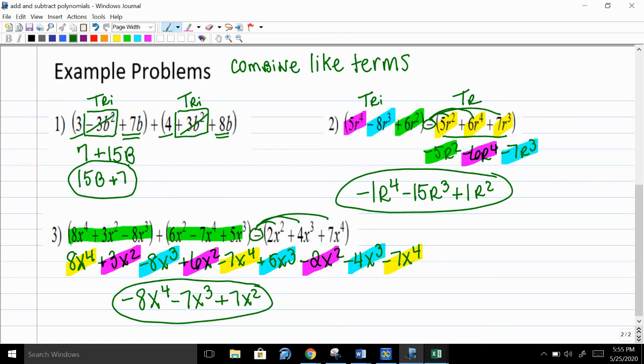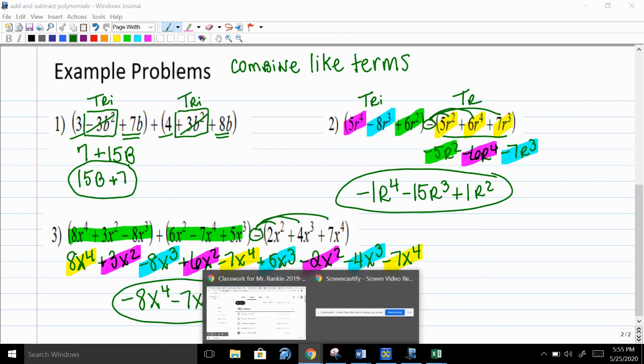An r to the fourth and an r to the fourth, when you're adding them, don't become r to the eighth, or when we're subtracting them. The exponents when we add and subtract are going to stay the same. The exponents will change when we get to multiplying problems. We're not there yet. Right now we're just adding or subtracting, obviously.